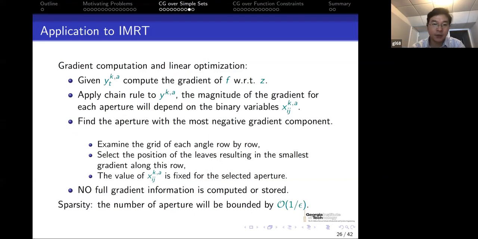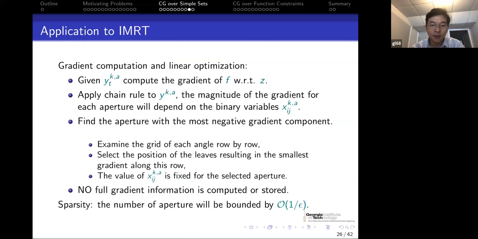And then, as we will see, in order to find the most negative gradient component, we want to find the aperture with the most negative gradient component. What we do is examine the rectangle grid at each angle, row by row, and we select the positions of the leaves resulting in the smallest gradient along this row.